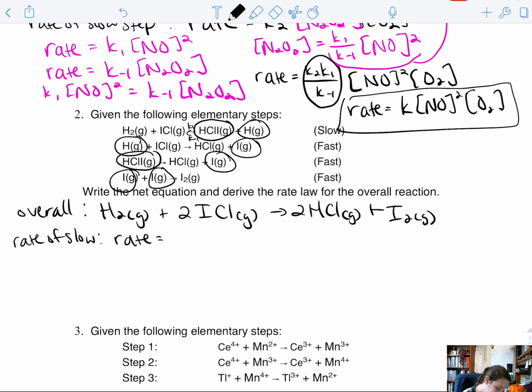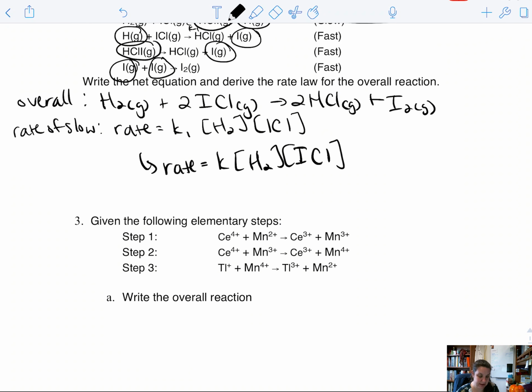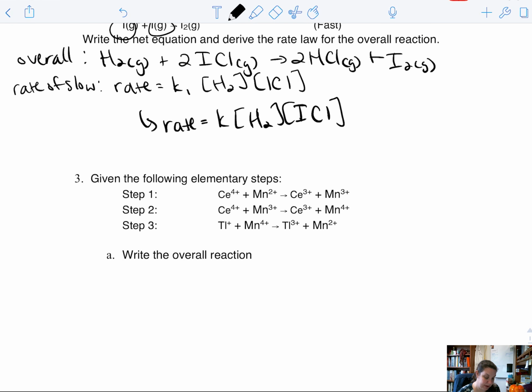We have rate is equal to K1 H2 ICl. And as neither of these are in terms of intermediates, this would just become our rate. So, easy peasy. Let's try the next one.